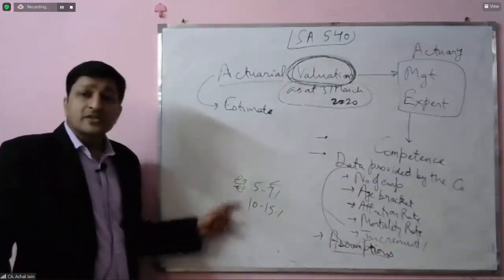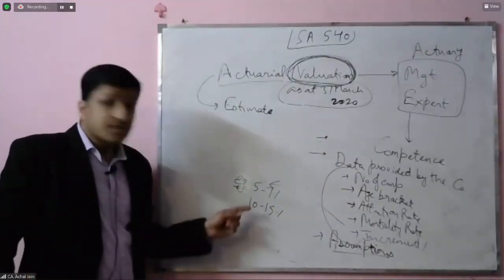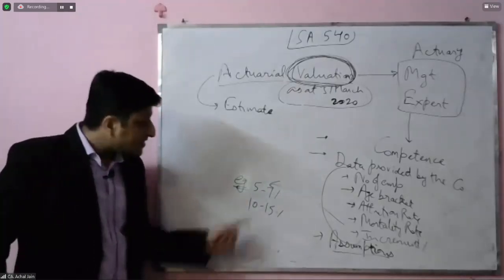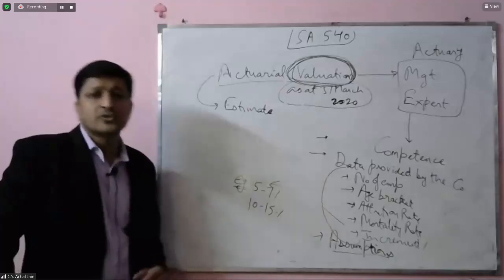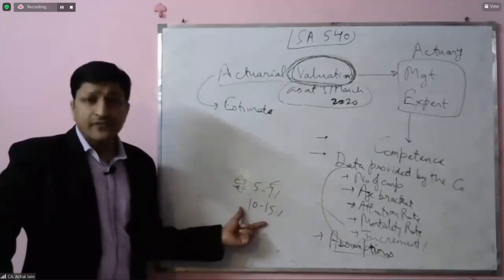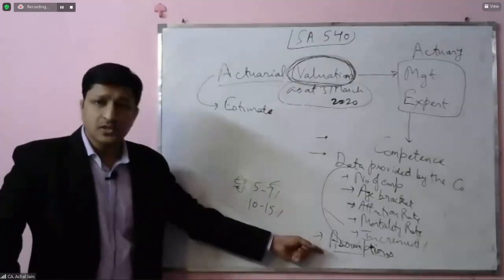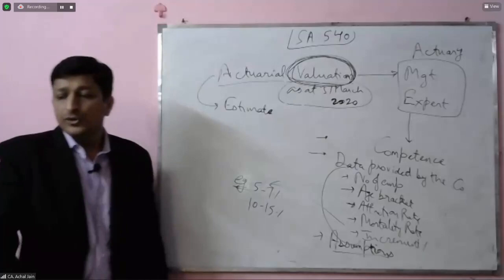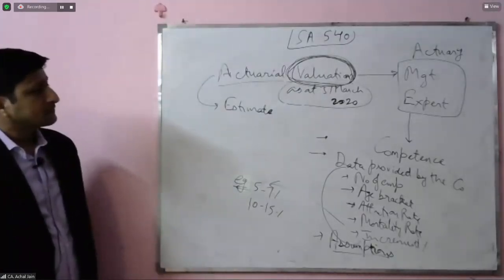Now, this is a mismatch. This is inconsistent with the actual information of the company. And this is something which the auditor will have to check and ensure, because any of these assumptions will lead to incorrect valuation of the actuarial amount.